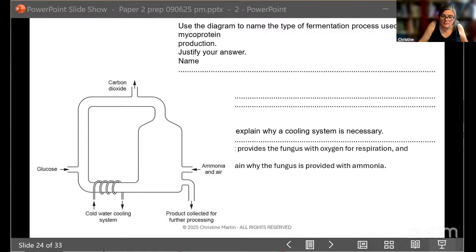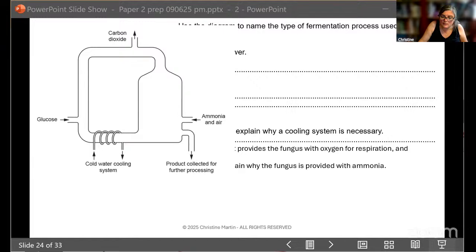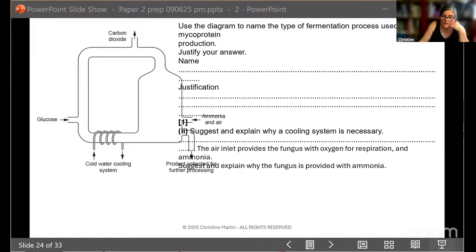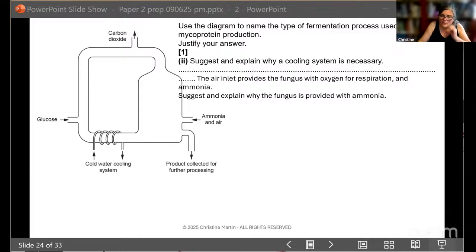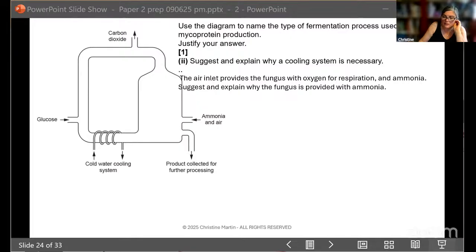And they did ask specifically about the name and justification. So use the diagram to name the type of fermentation process used for mycoprotein production, and then suggest why the cooling. And then they also asked about the air inlet.